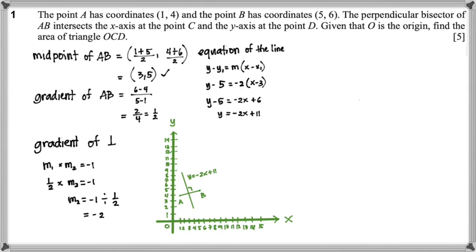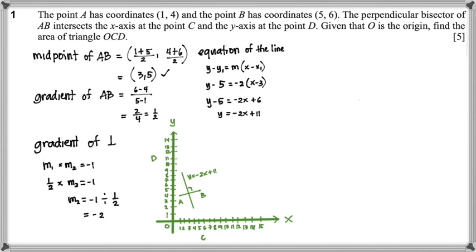Alright, now, in order for us to be able to find the area of triangle OCD, remember, the perpendicular bisector of AB, which is y equals negative 2x plus 11, intersects the axes at point C and point D. If we extend this line, we will find the x-intercept and the y-intercept.